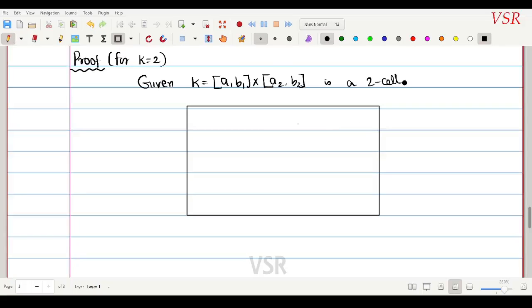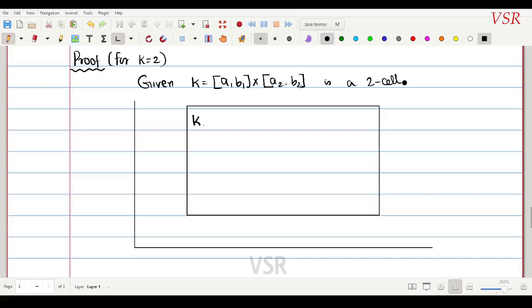This is my K. Oh sorry, this is my K. Okay, so this is my given K. Now, if you draw this in a coordinate system, we will have this equation. It would be like this, with the x axis and the y axis.